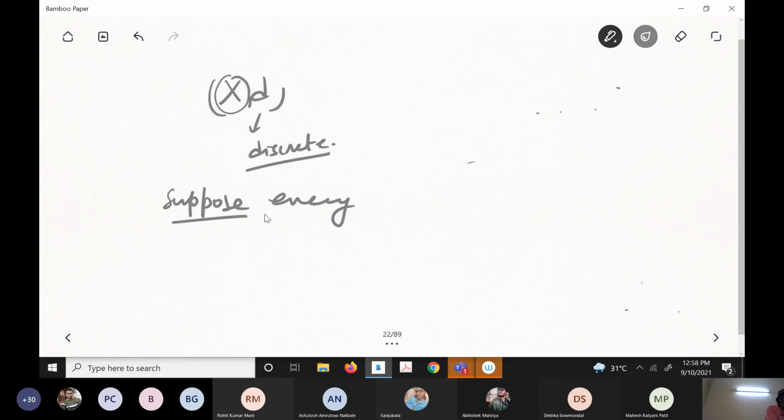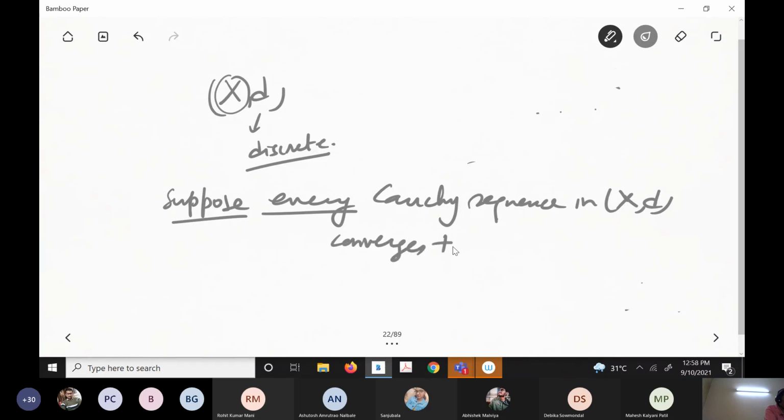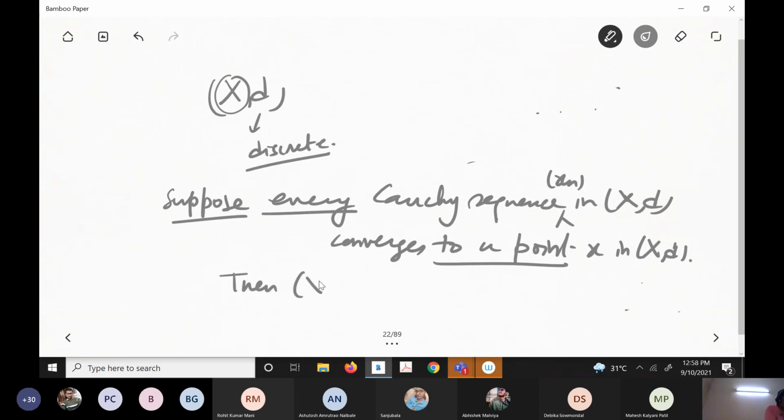Suppose every Cauchy sequence in X, here I am emphasizing, converges to a point in X. Every Cauchy sequence xn converges to a point x in X. Then X is called a complete metric space.